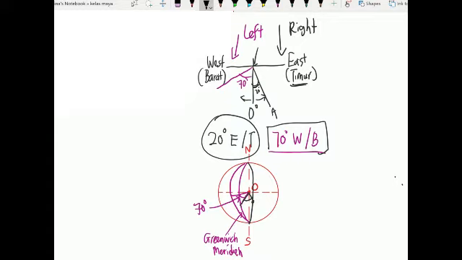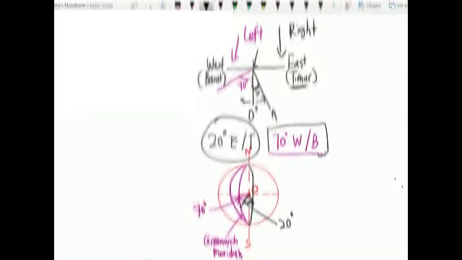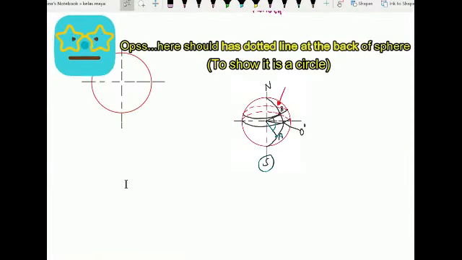Let's say this is the angle. So this one will be the 20 degree east. East will be on the right of the Greenwich Meridian, while west will be on the left of the Greenwich Meridian. Now, I'll tell you about latitude.